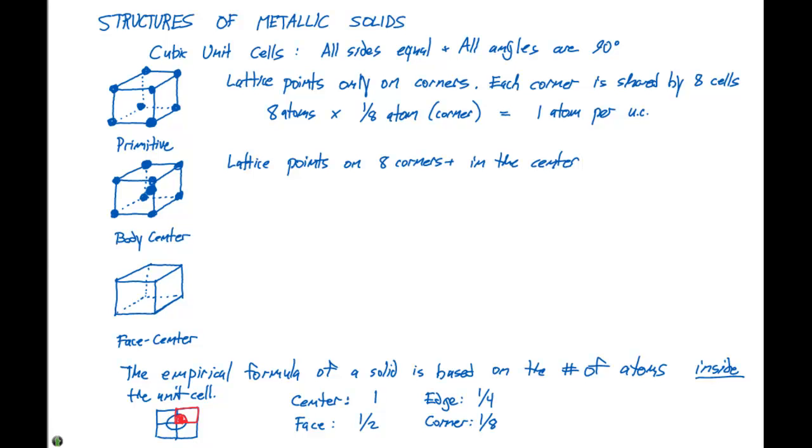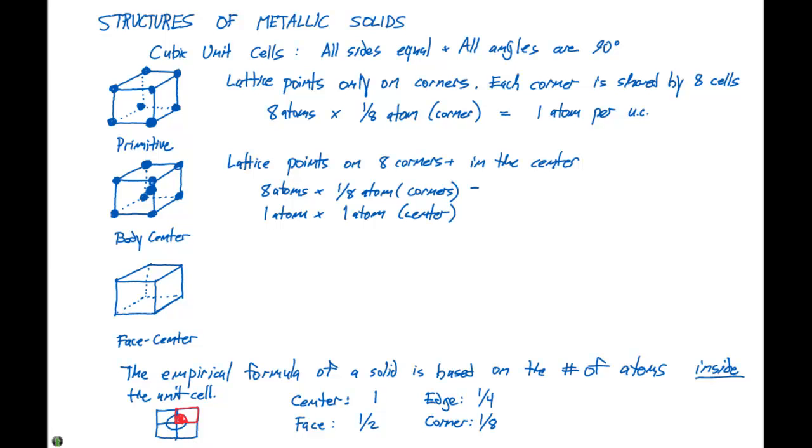So just like the primitive cubic, we have 8 atoms times 1/8 of an atom from the corners. And then we have 1 atom times 1 from the center.